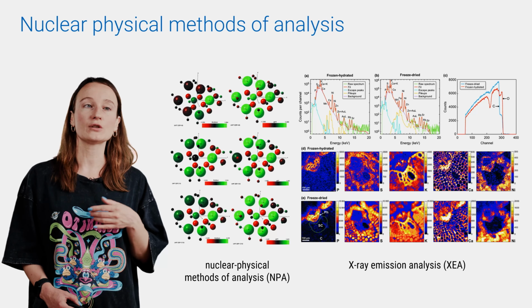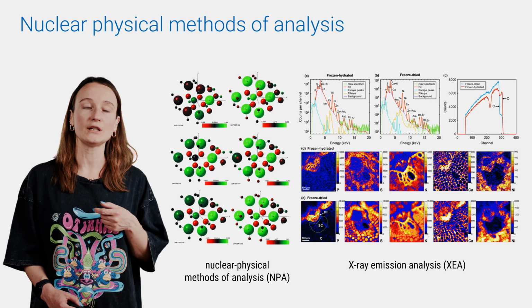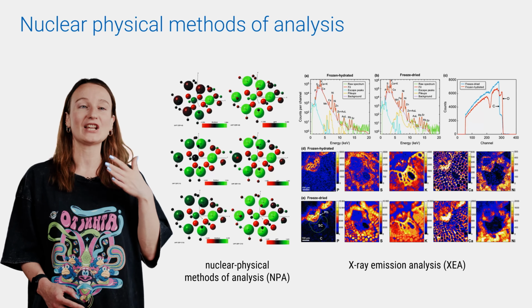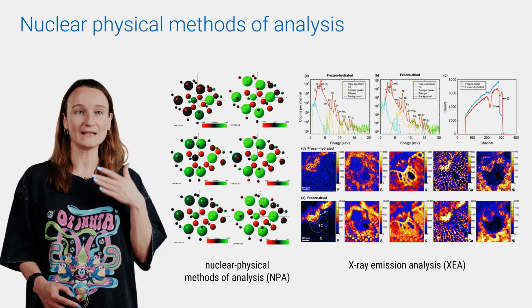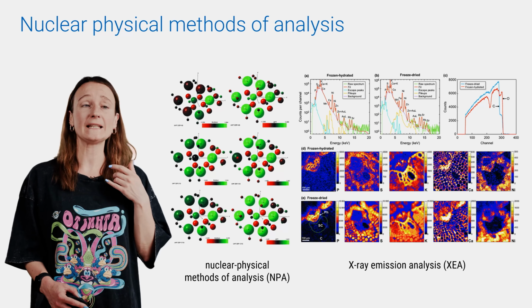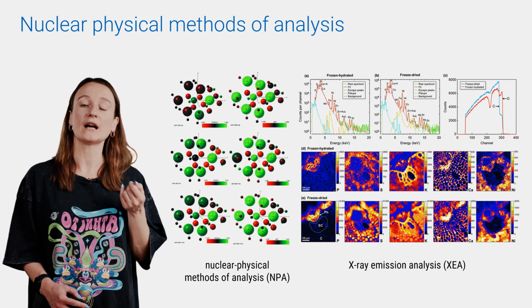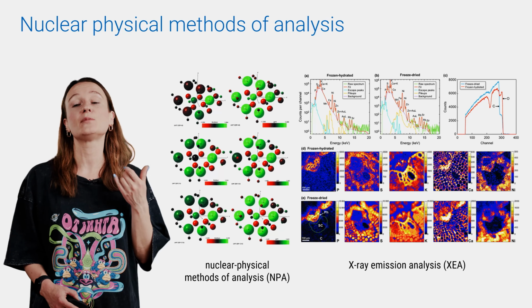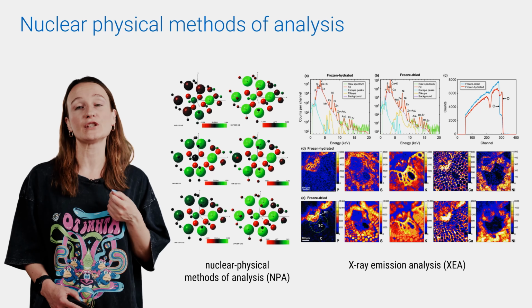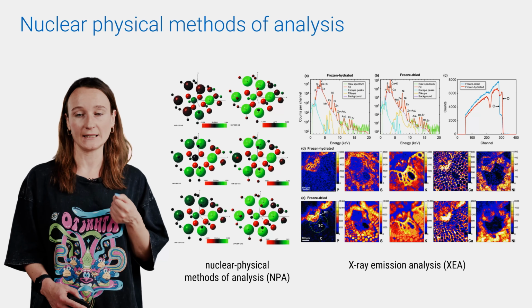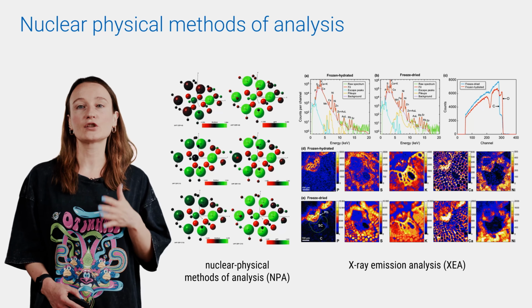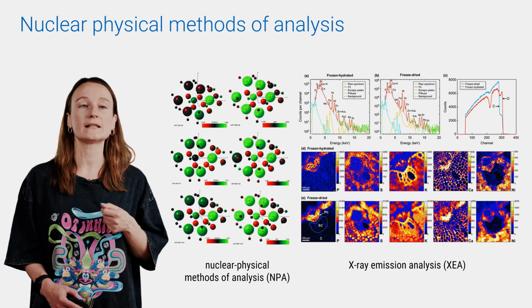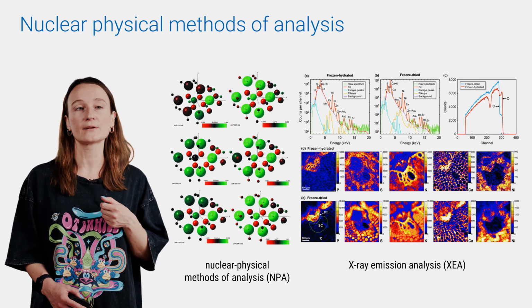By the position of the certain photon energy in the general spectrum, each element can be identified, and by the intensities of photons of those energies, the concentration of elements can be found. This is the principle of XEA.